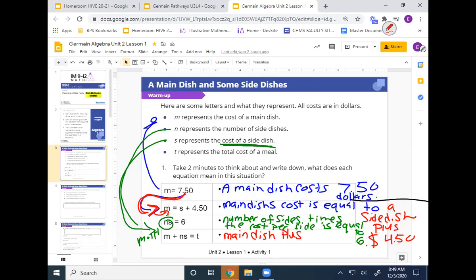The number of side dishes times the cost of the side dishes. Very good. So the main dish plus the number of sides times the cost per side is equal to the total cost.